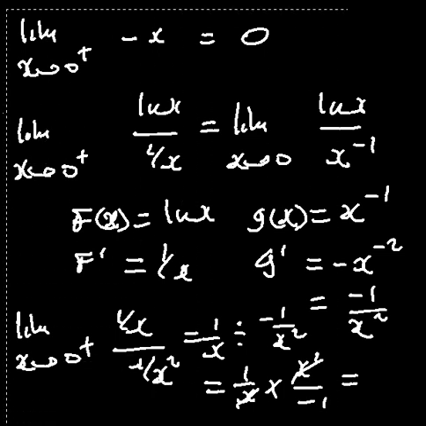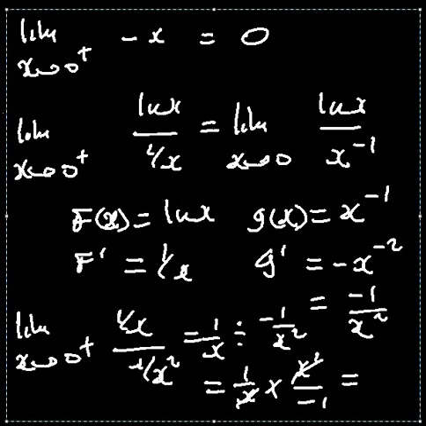So keep that in mind. And how about, let's say, if we have this kind of case, the limit as x approaches negative infinity of x e to the power x? How should you find the limit of this function?